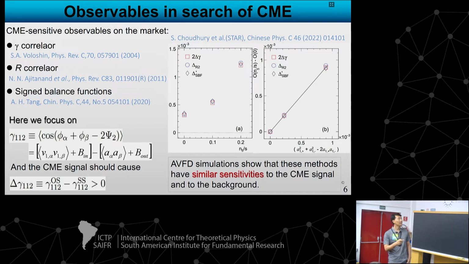So in later slides, I will just focus on the most popular one, the gamma 112, that correlates two particles, alpha and beta, with a second-order event plane. And alpha and beta represent different charge sign. So if you do a simple expansion, you find it contains a V1 term, and it contains an a1 fluctuation term.